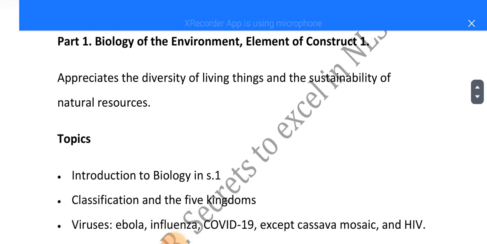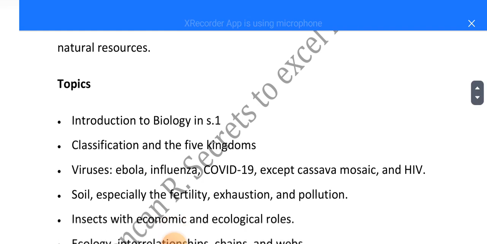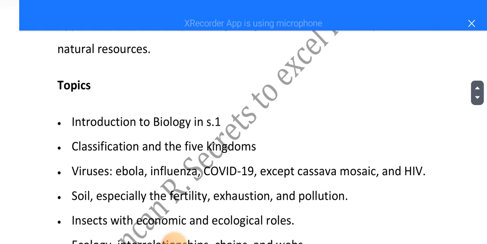Now here are the topics you can focus on when you are preparing for this part. We have what we are calling ecology, we have interrelationship, we have food chains, food web, we have soil. Especially when we talk about soil, what comes into your mind is soil fertility, soil exhaustion, soil pollution.